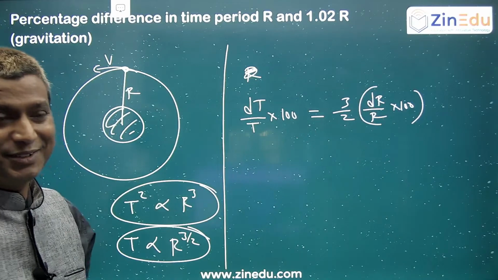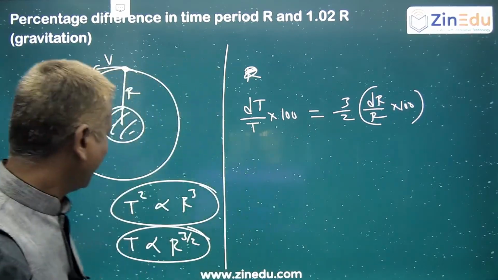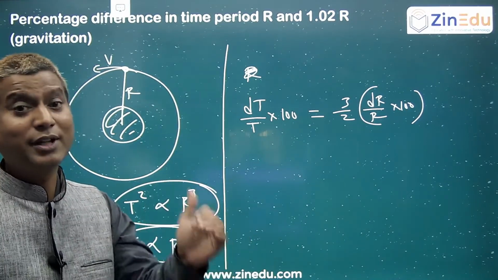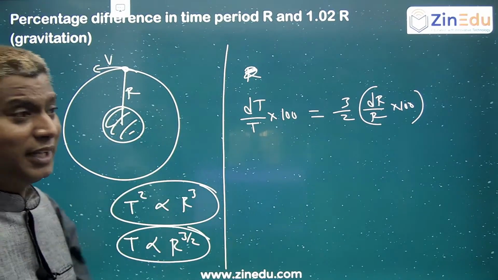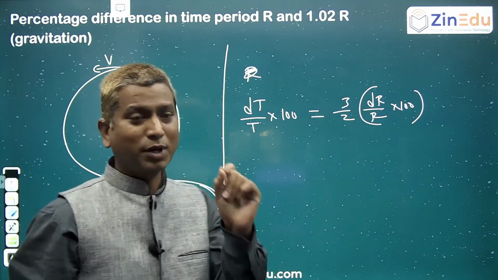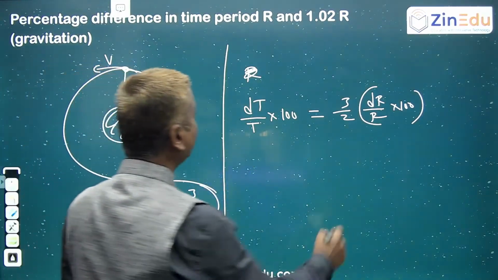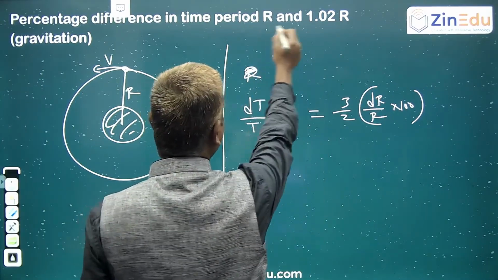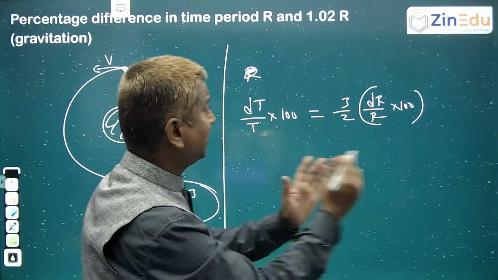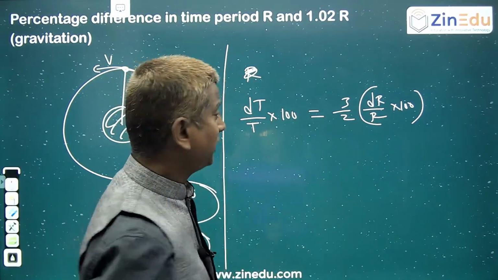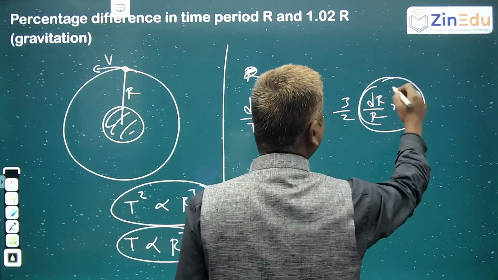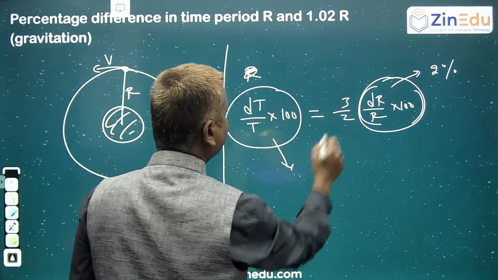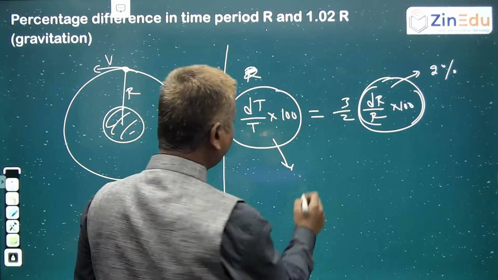Whenever y is directly proportional to x power n, the percentage change in y is equal to n times the percentage change in x when the percentage change is very, very small. Here you can use it. The radius has increased by 2%, so the time period will become 3 by 2 times 2%. So this will become 3%.